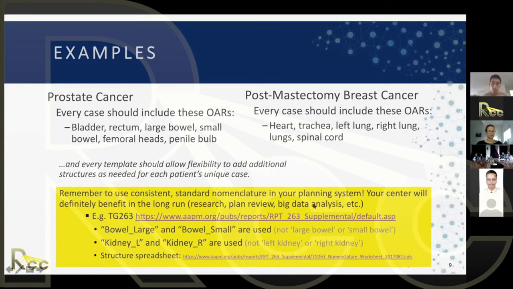Especially as we get into big data analysis, we want to be thinking about the possibilities of machine learning and artificial intelligence in the future at our centers. If you have years and years of data with all the exact same names, it'll be really easy to implement those. I've provided links here where you can visit and download the names, and you can use those.